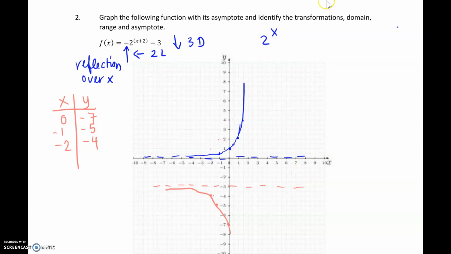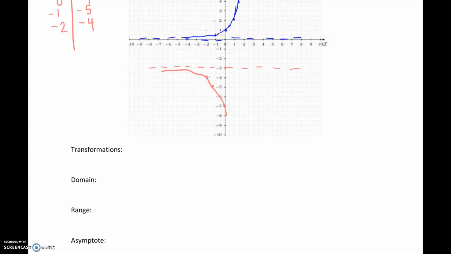So let's go down and look at what happens to our transformation, domain, range, and asymptote. The order of our transformation first is left 2. Then it's a reflection across the x-axis.